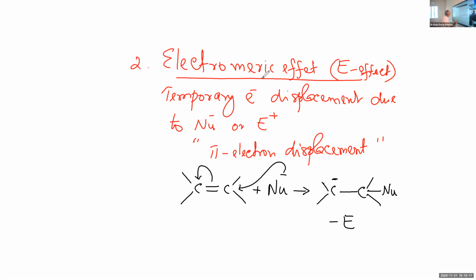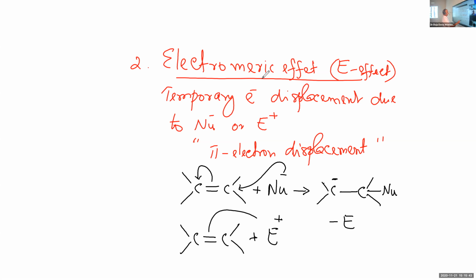Now you take the case of the approach of an electrophile. Say a double bond here, and an electrophile, E plus, is coming. When the electrophile comes to the carbon atom linked by the double bond, what happens?